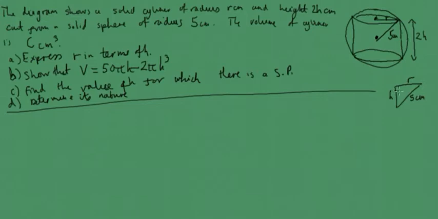So now we've got a right angle triangle, so we can use Pythagoras. We want to find out what r is in terms of h. So r squared plus h squared is going to be 5 squared. So r squared will be 25 minus h squared. So r will be the square root of 25 minus h squared.